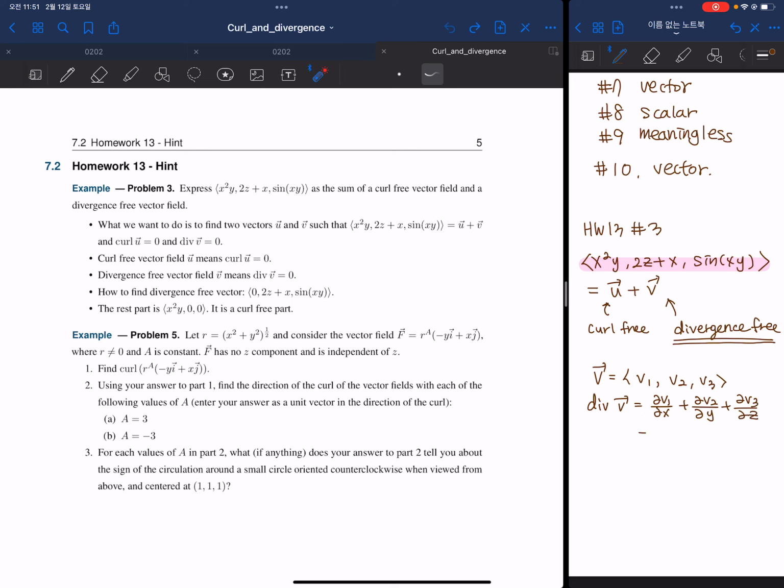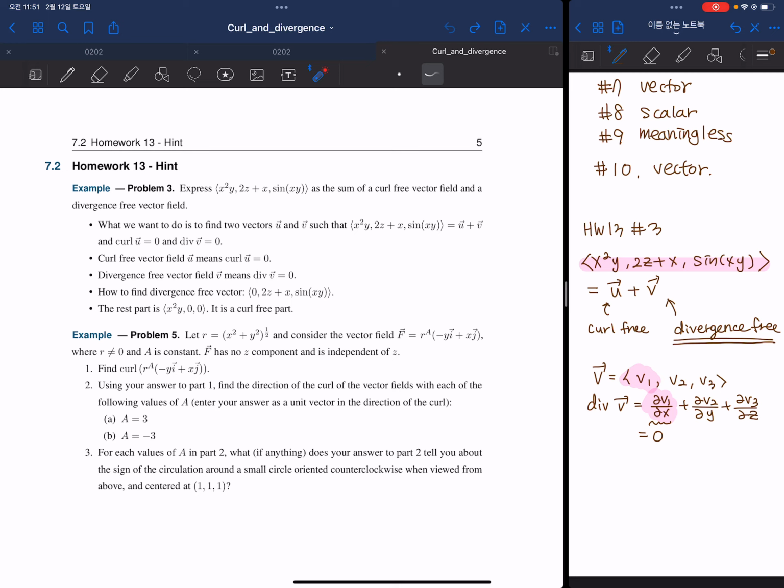And then we want to say it is 0, so the easiest way to find a divergence-free vector is just to make a vector whose first coordinate does not have an x term, because we will take a derivative with respect to x here.